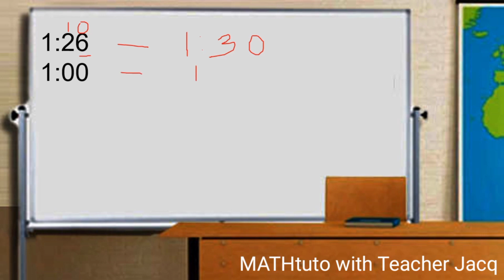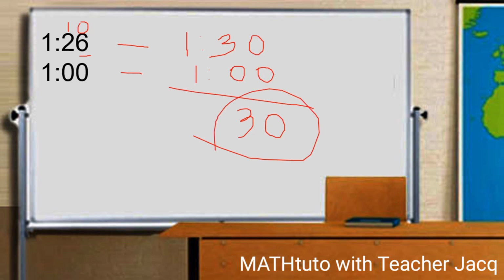So, we will write 1 hour. Of course, when we subtract 1:30 to 1 p.m., or to 1, it is 30. Therefore, Bliss is late about 30 minutes sa kanyang math class.